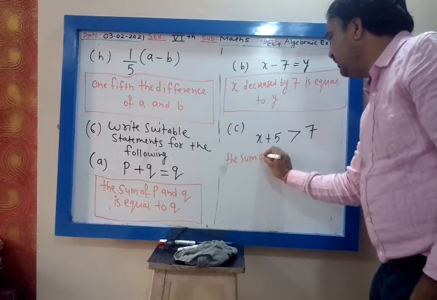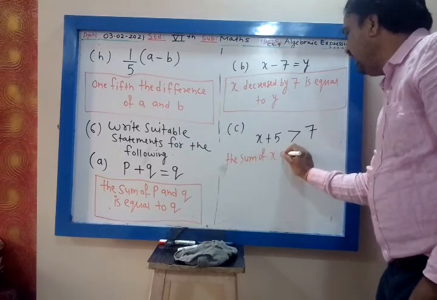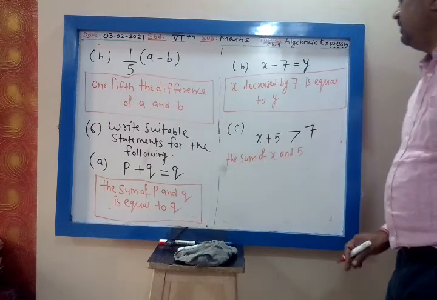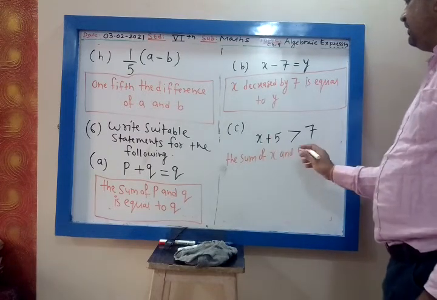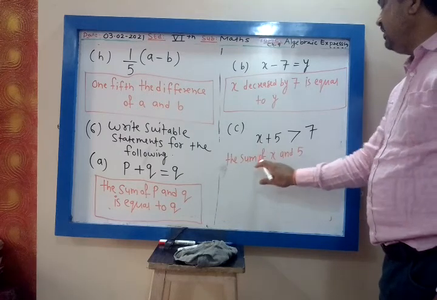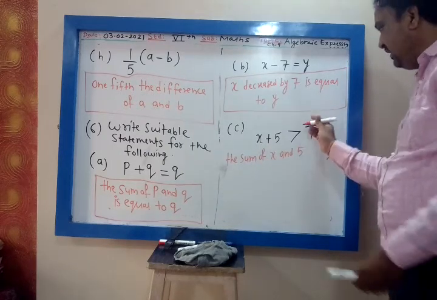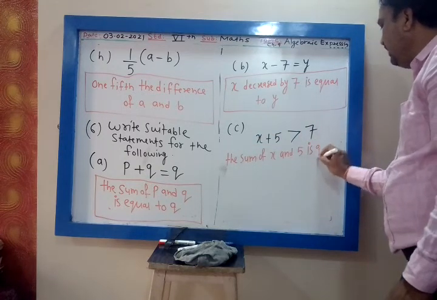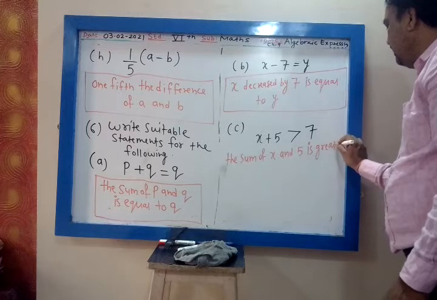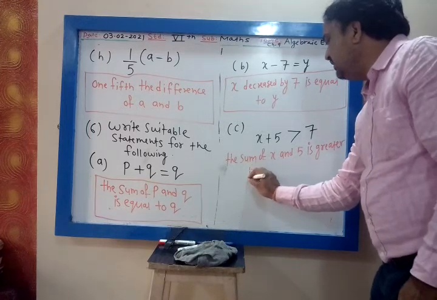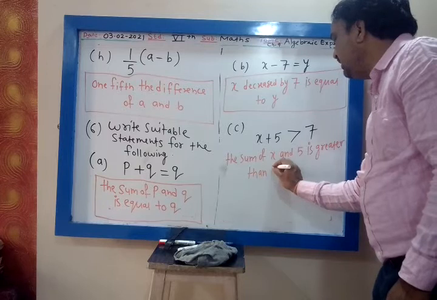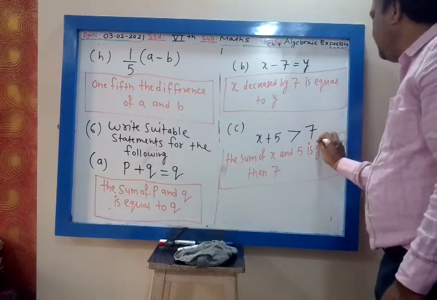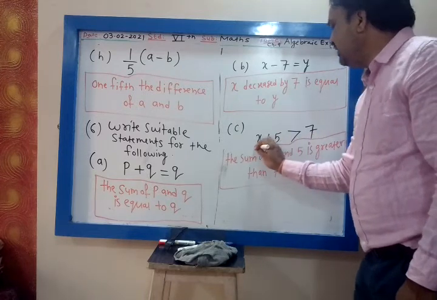Then the inequality is toward x plus 5, so is greater than 7.